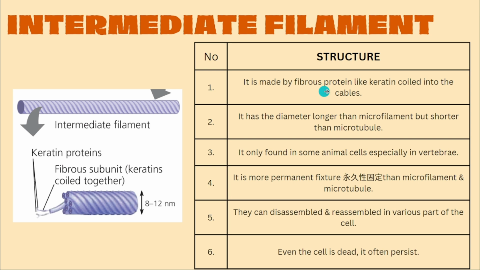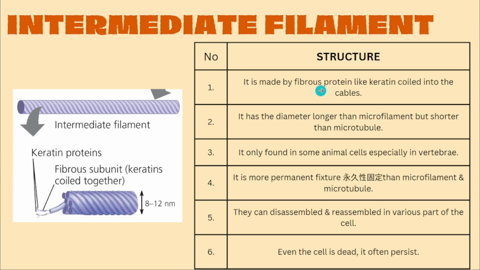Normally it is made up of fibrous protein. The difference is that microtubule and microfilament are both made from globular protein. You still remember these two, the classification of protein, globular protein and also fibrous protein. Both of them are different. Intermediate filaments are fibrous protein, and one of the fibrous proteins is keratin.